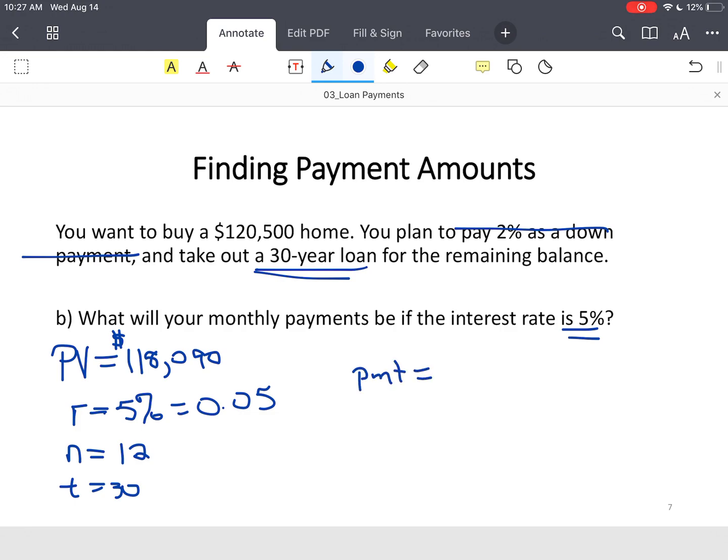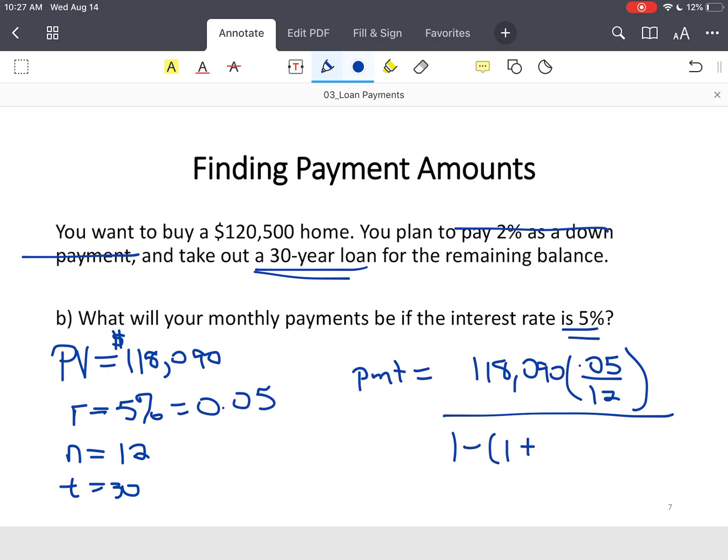All right, so our formula, we're going to substitute. Payment equals our present value times our interest rate divided by our payment periods, divided by 1 minus 1 plus 0.05 divided by 12, all raised to the negative 12 times 30 years.